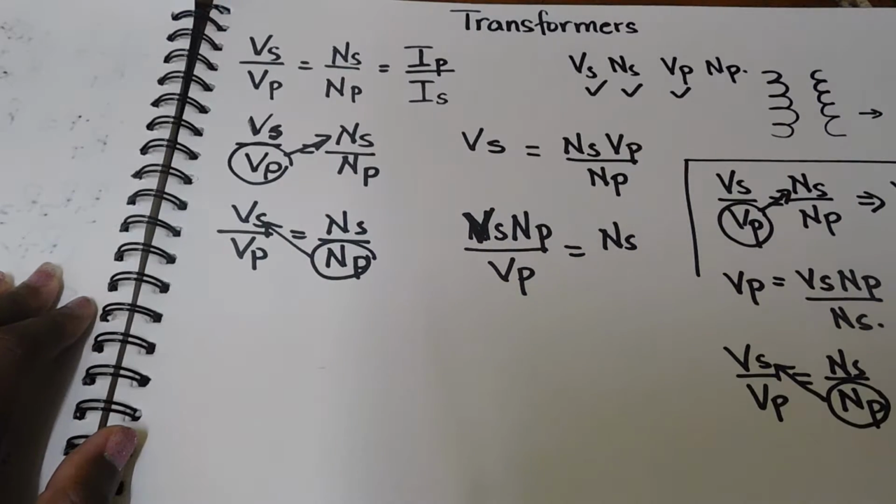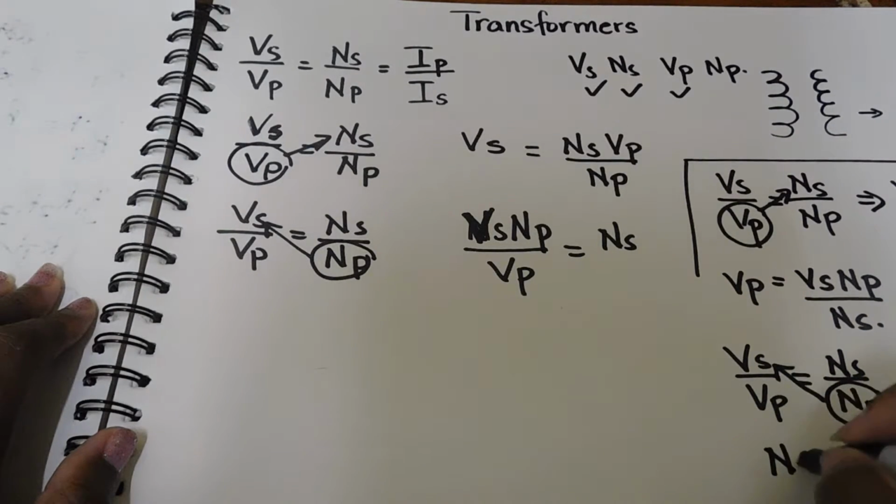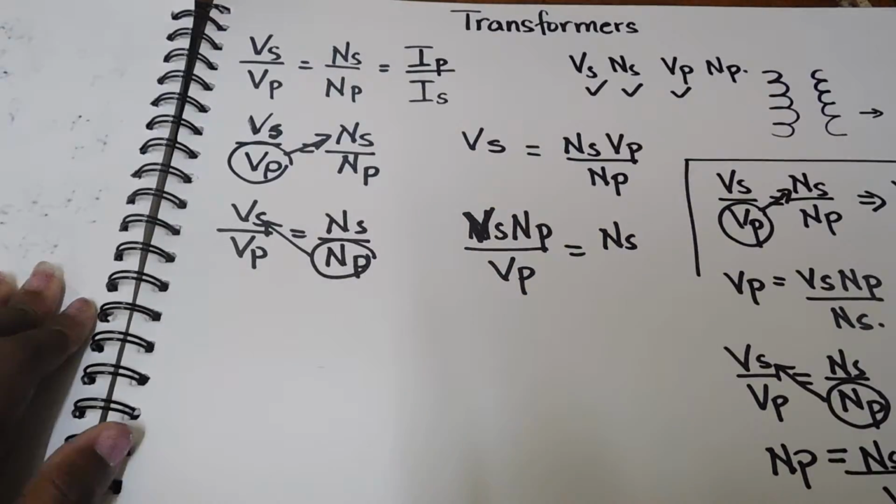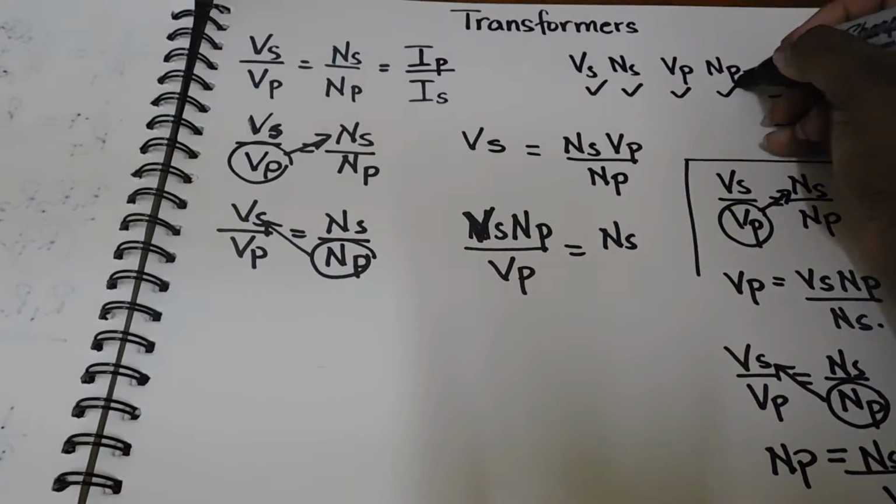But you still want to solve for NP, so you're going to move this above, and move this below. And so you're going to get NP is equal to NS VP over VS.